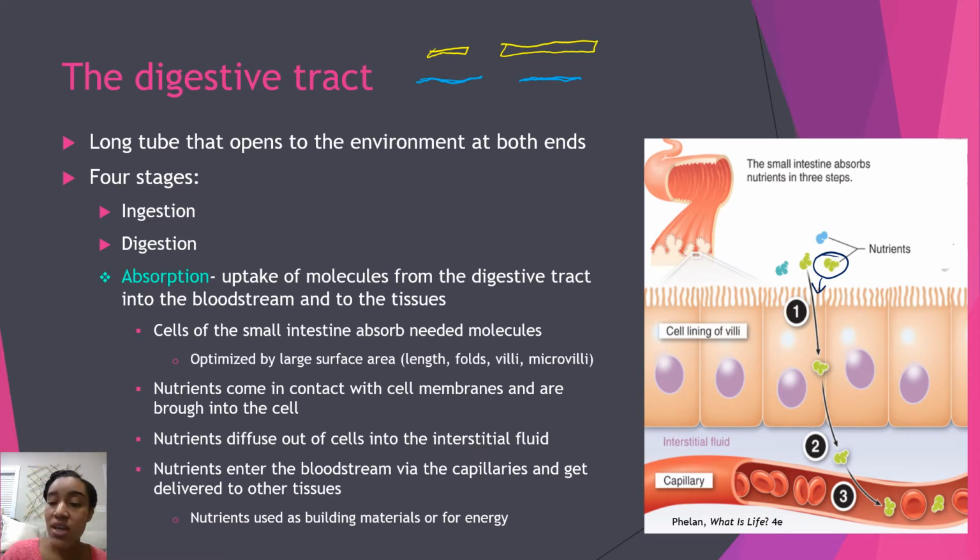And from the intestinal cells, they will travel through the cell and diffuse out of the cell into the interstitial fluid. And then from the interstitial fluid, they will be brought into the circulatory system. And once they're in the bloodstream, they'll then be traveled to other places of the body that need that nutrient.